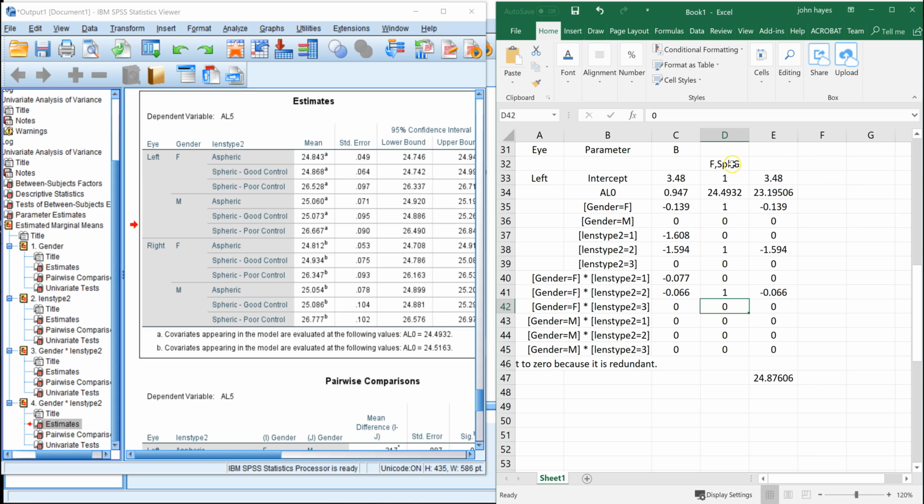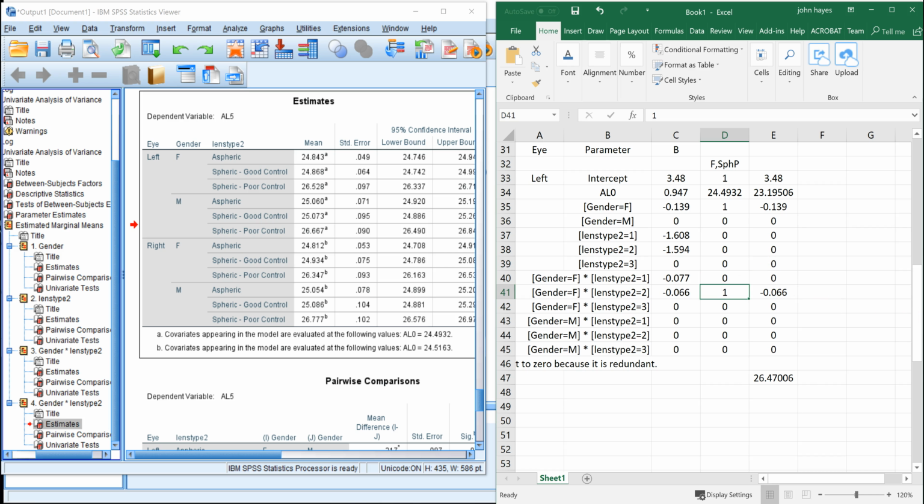Well, what if you're a female and you're spherical poor? Poor fit. You come down here, you're still a gender 1, but now your lens type 2 is 0. You're not an aspheric, you're not a spheric, you're just 0. 0 goes in there, and nothing from lens type is contributing to your expected mean.